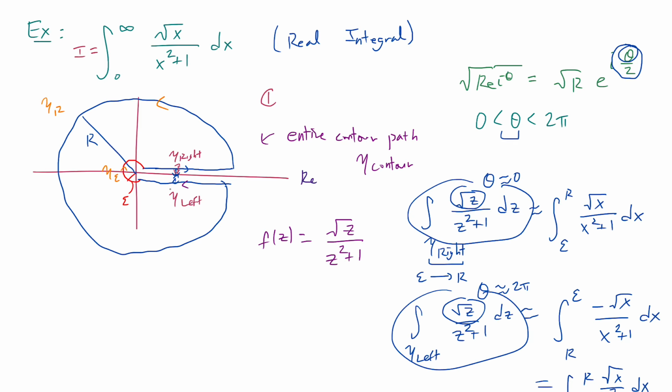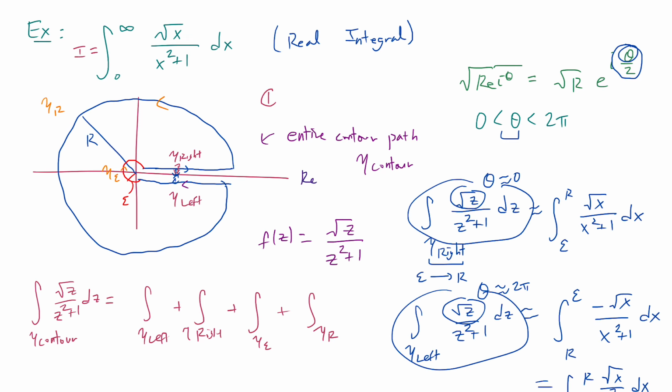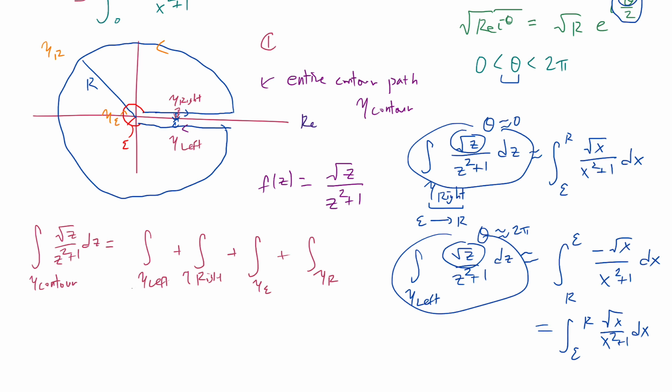What is happening is that the contour integral of square root of z over z squared plus 1 dz is equal to the integral on gamma left plus the integral on gamma right plus the integral on gamma epsilon plus the integral on gamma r, and these two parts are each approaching I. So it's approaching 2I on this side, where I is the integral that we want to find.